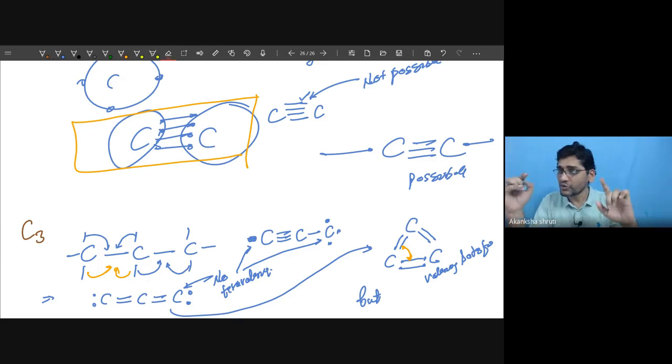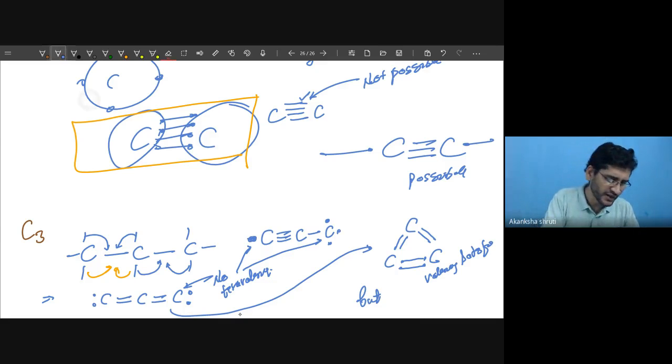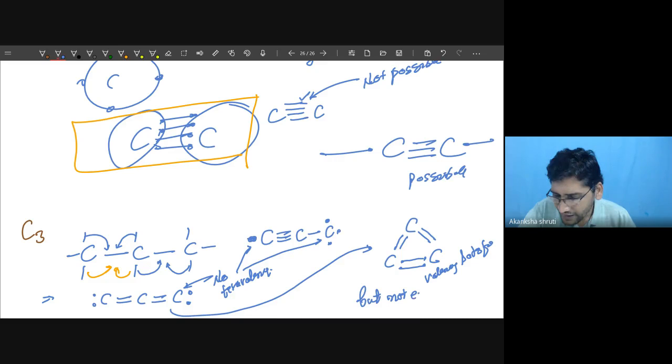But during the reaction or during the research, it is found that during a transient moment, this C3 structure is formed. But it is not existing in a free state. We are not getting a compound like C3. Theoretically it is possible, but not existing.